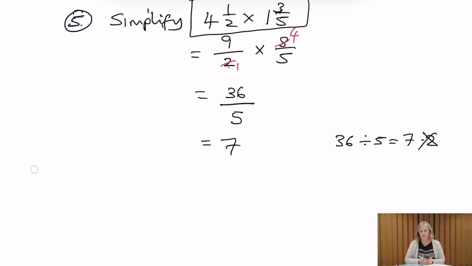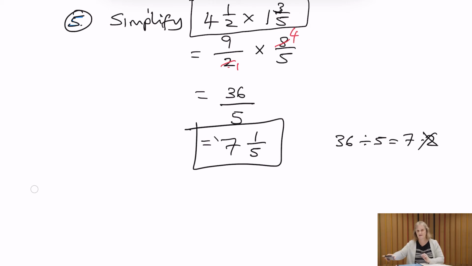How many 5s go into 36? 7 times. 7 times 5 gives us 35. Then we subtract that from 36, so we have 1 remaining, and our denominator stays the same. The message is, always with fractions, the denominator stays the same. So now, instead of writing the answer as the improper fraction 36 over 5, we can write it as a mixed number, 7 and 1/5.